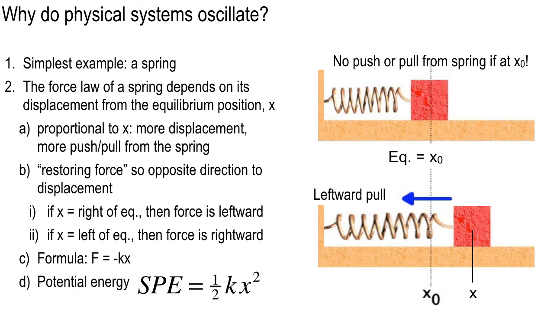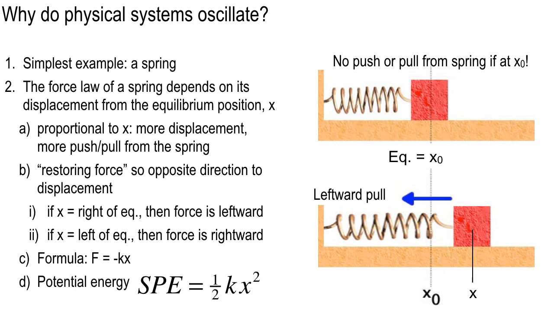The potential energy function is the spring potential energy, SPE, equals 1/2 kx squared. Now, for those of you that have had calculus, you might recognize that this is an integral of kx. Raise your hand if you've had a calculus class. A couple, three of you, yeah.